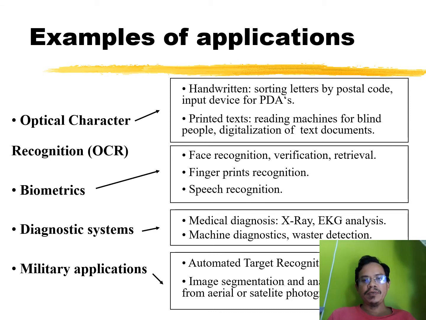Another example in biometrics: face recognition, fingerprint recognition, speech recognition, diagnostic systems, military applications. So basically, any application of a vision system is required to apply pattern recognition or object recognition.